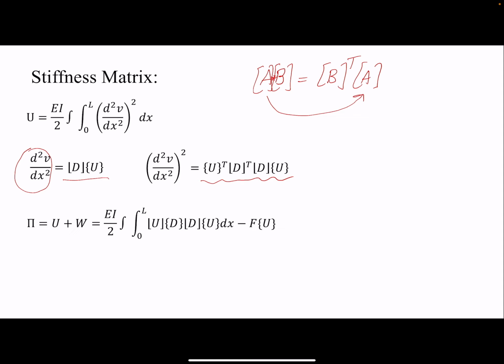If I replace it into our equation and add W, the external work, to find the potential energy, then to find the stiffness I need to minimize the potential energy, or take a derivative of the potential energy with respect to displacement. So this is the energy method in a nutshell: minimizing the potential energy to find the stiffness matrix.